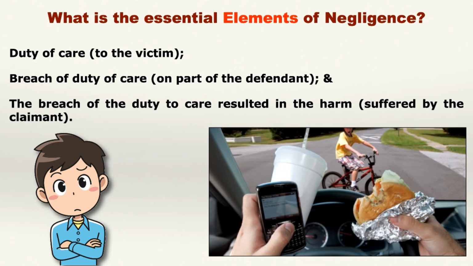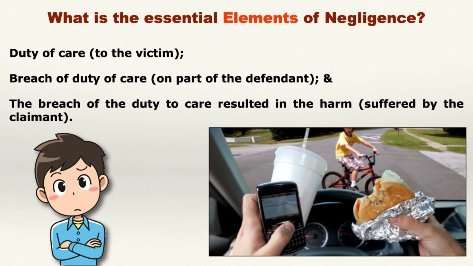As you can see in the given image, there is a person who is driving, so what are the other things he is doing? He is eating, you can see that. He is also texting someone on his cell phone and also driving. While doing all these things along with the driving, an accident is bound to happen.